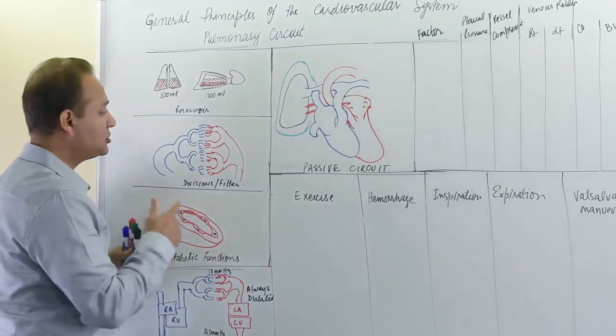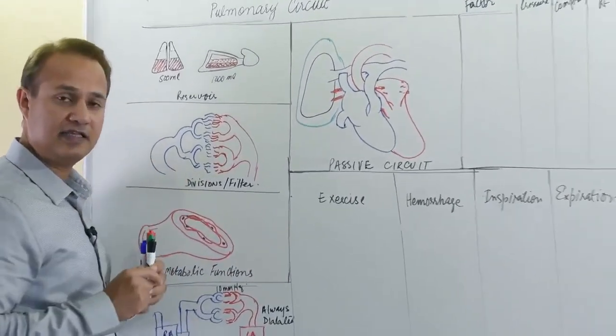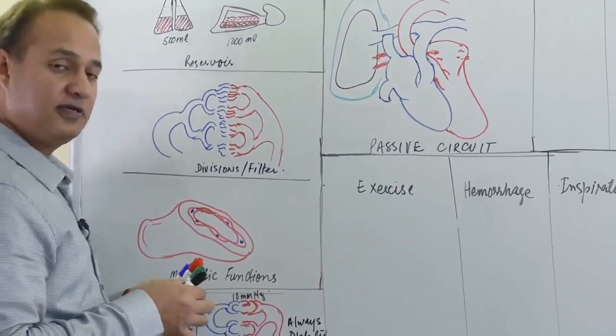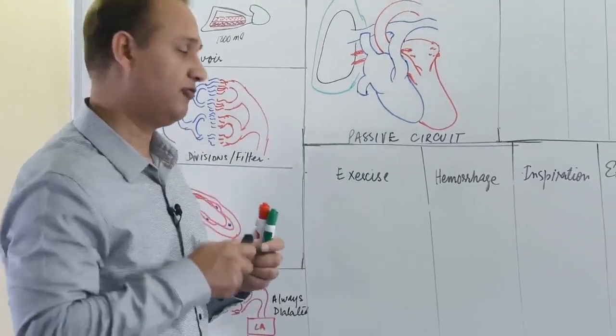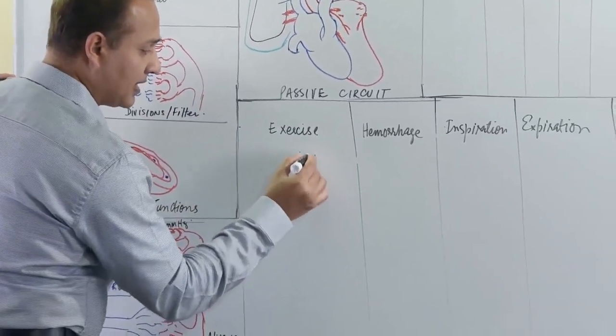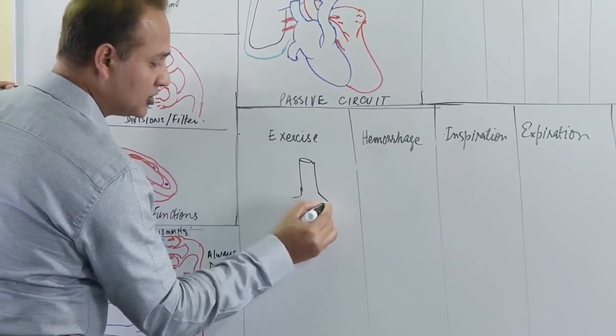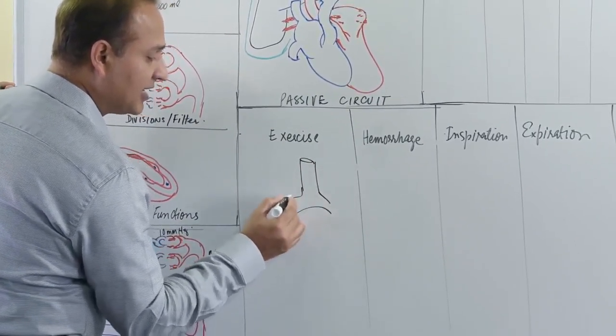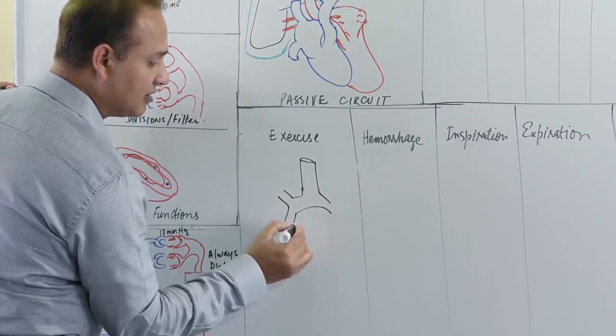However, an interesting thing in the pulmonary vasculature, which I'll draw here, is that let's look at the airway first. Airway has this quality that as it goes into the lungs, the airway starts dividing in a binary way.